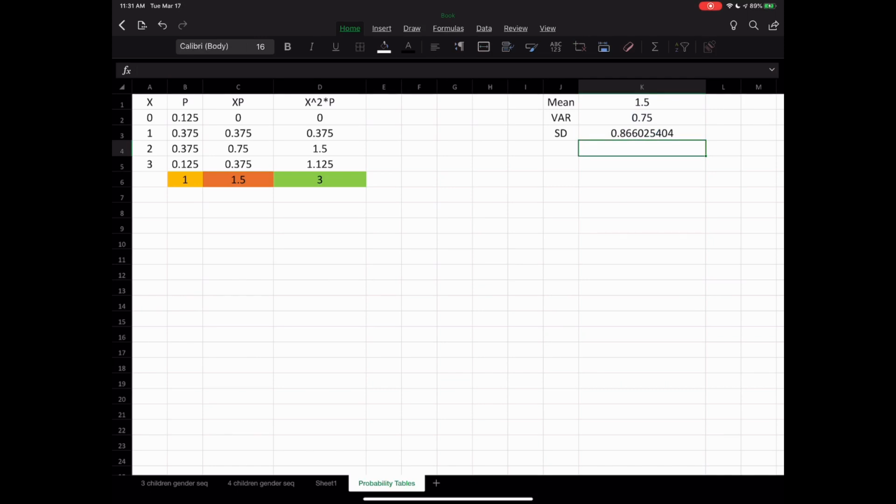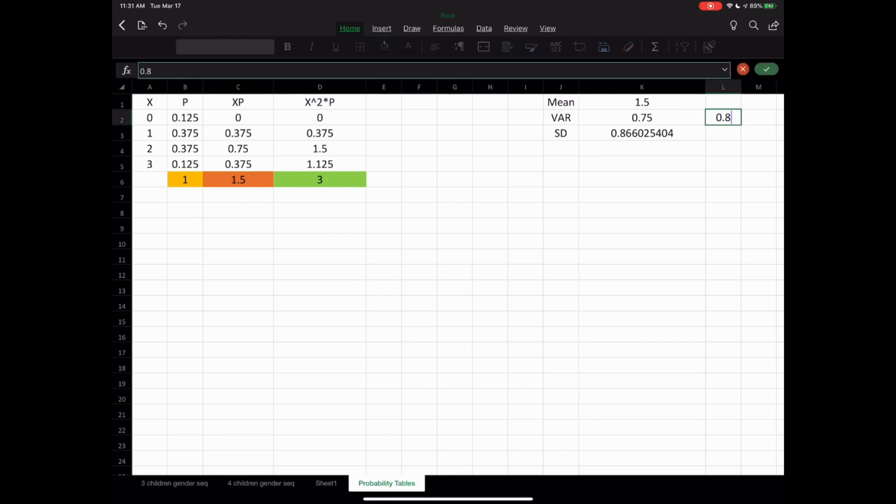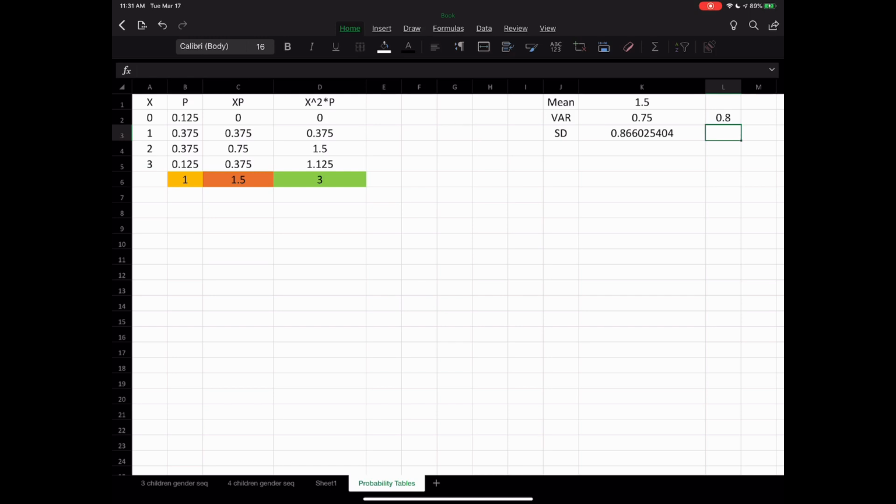Again, I can round that to any value. So if I wanted to round these to one decimal place, my variance would have been 0.8 and my standard deviation would have been 0.9. And that would have been the answer to this exercise in terms of calculating the mean, the variance, and the standard deviation using a spreadsheet.